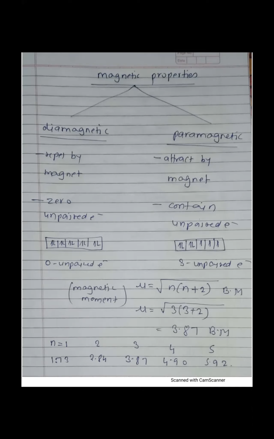Yes, Ravan, tell me. Sir, here you have told that the outermost electronic configuration of iron is 3d6 4s2. But in previous class, you have told that after 4s comes 3d. Yes, I have told.